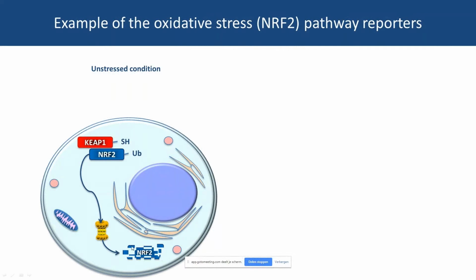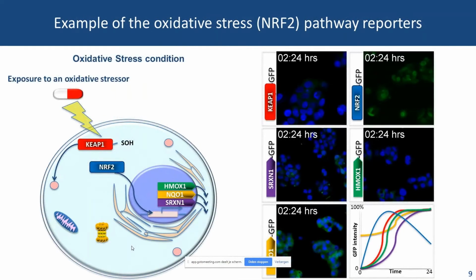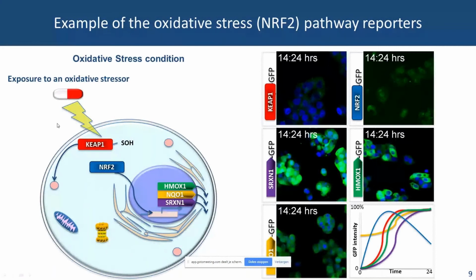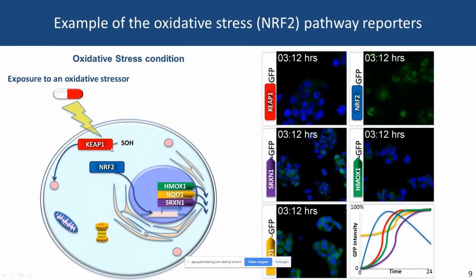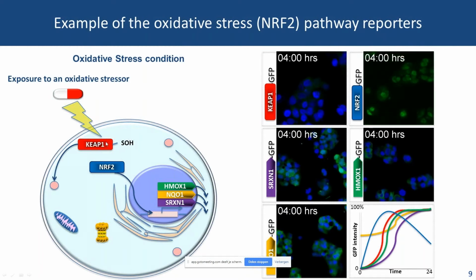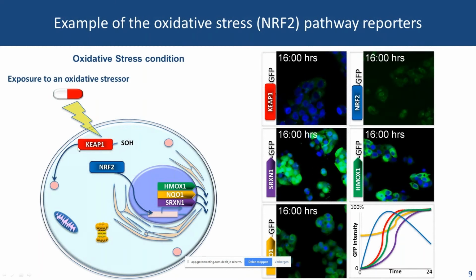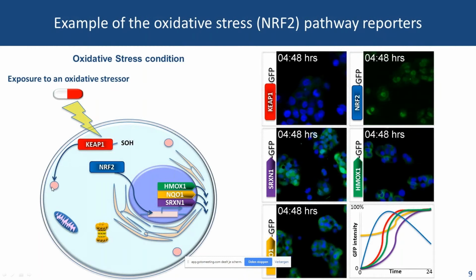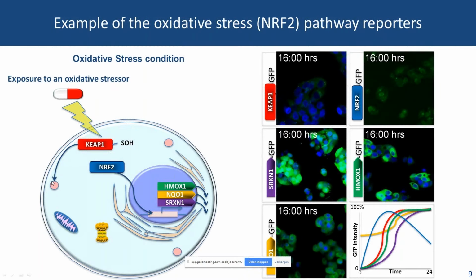This is just to make sure that the NRF2 pathway is not being turned on. But when we add oxidative stress, for example with a drug, then the sulfide bridges at KEAP1 will be hydrolyzed, and then KEAP1 will be polyubiquitinated itself, and it will be translocated into small foci, which are actually autophagosomes. And that's what you see over here.